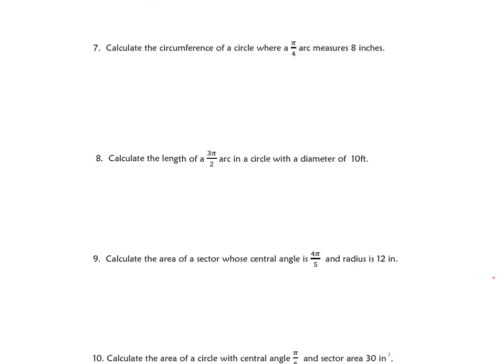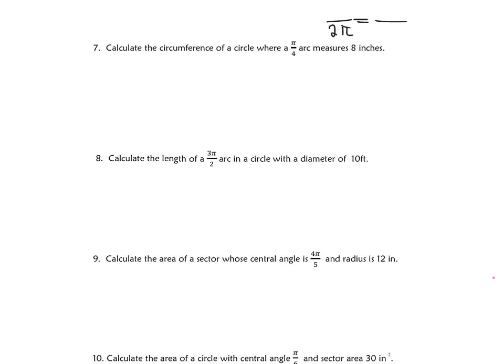All right, so the back page here is just going to take arc length and area of a sector, which are problems that we've been doing for the last 2 days. And now, instead of our arc measure being in degrees, it's simply going to be in radians. So the only difference is going to be when you think about that formula that we use, we always divide by 360 degrees because that is a full circle.